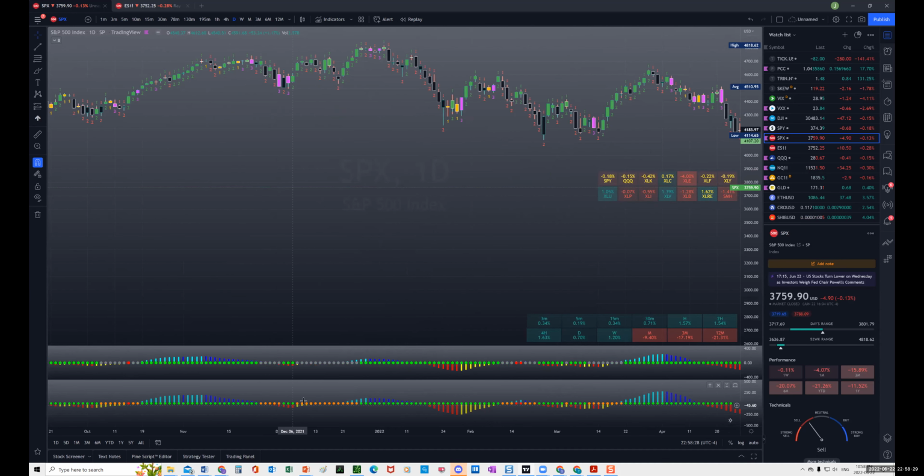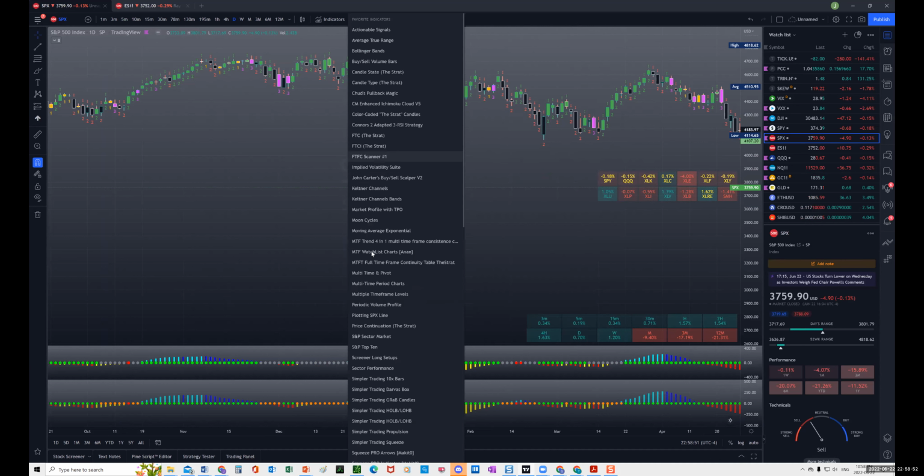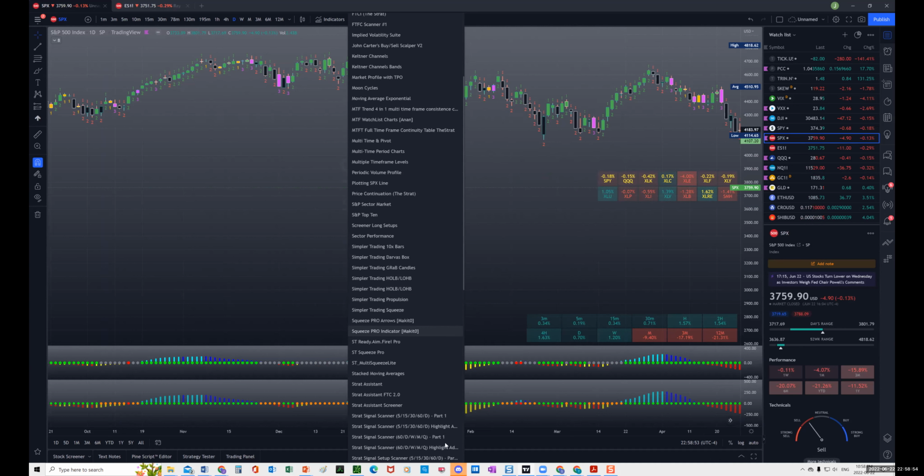I think I changed the color on this, so here it's black and here it's orange, which has to do with my settings, but the momentum's pretty close and everything else lines up. This top one is the actual version from Simpler Trading, the paid version, and this is the free version by Mackett. Again, it is Squeeze Pro Indicator by Mackett Zero.